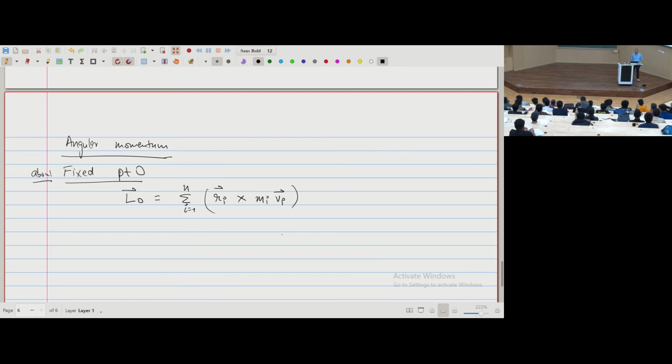We are trying to see if we can get a similar dynamical equation for a system as a whole, as we have obtained for Newton's second law, written in both the acceleration or the momentum form, or the work-energy theorem. We are trying to find torque equal to dL by dt, if that exists for a system. So let's write dL by dt.